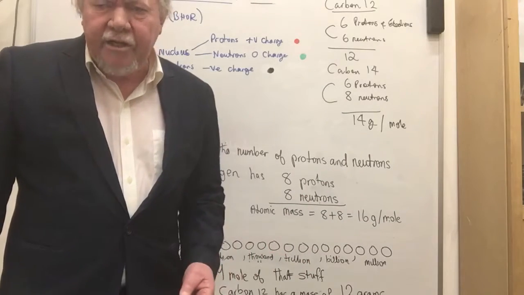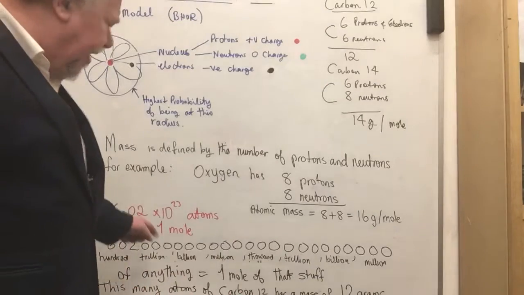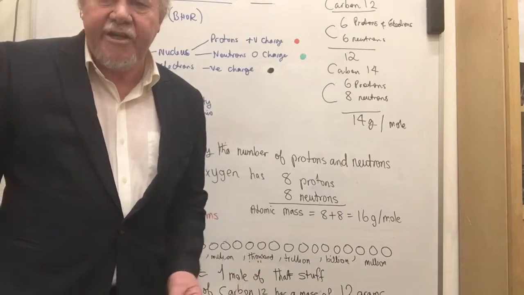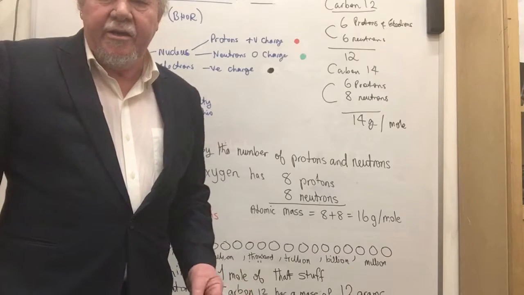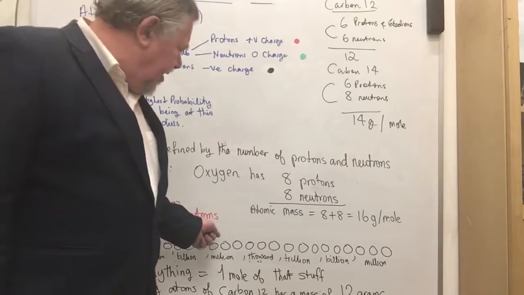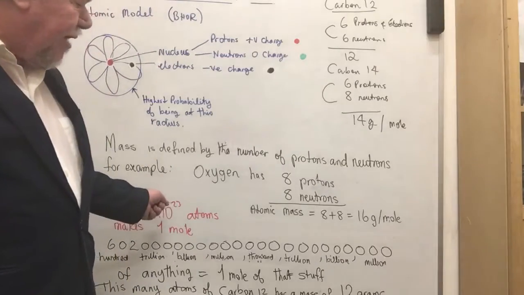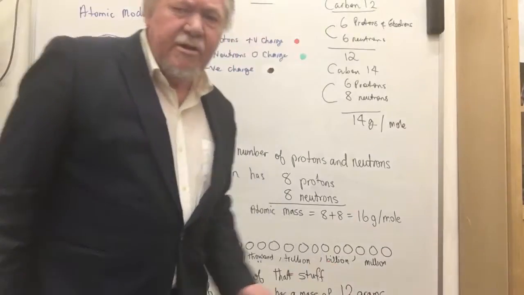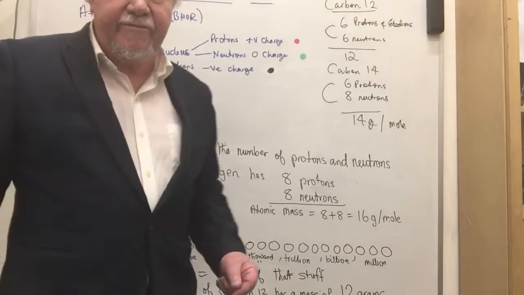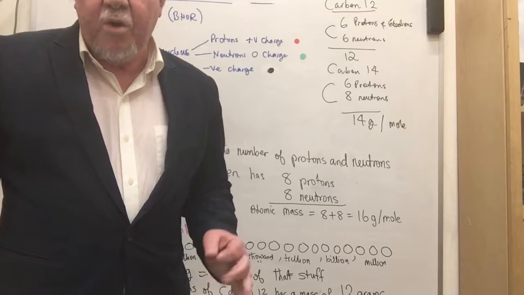Well, in all likelihood, there would not be this many grains of sand. Okay, so that gives you an idea about how small an atom is, and also how many of them would be taken up to make just 12 grams of carbon. I hope that gives you an idea about what mass is.